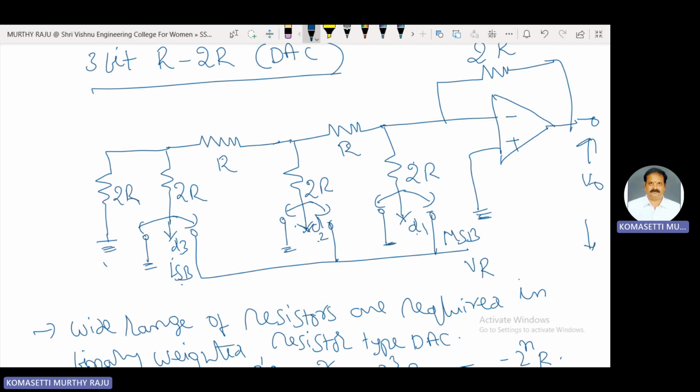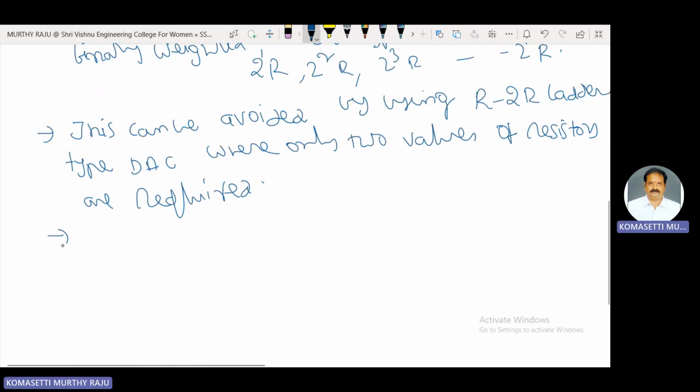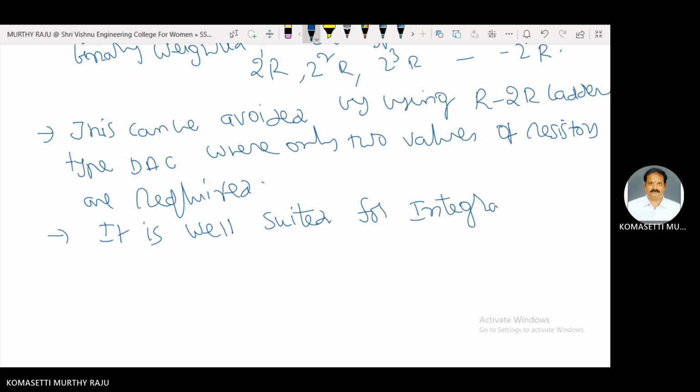It is well suited for integrated circuit realization.